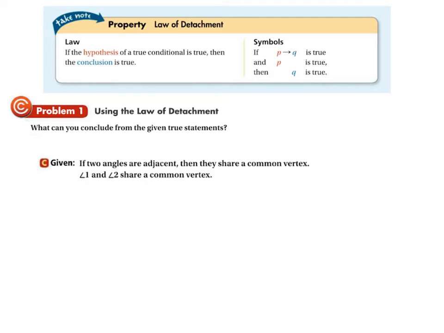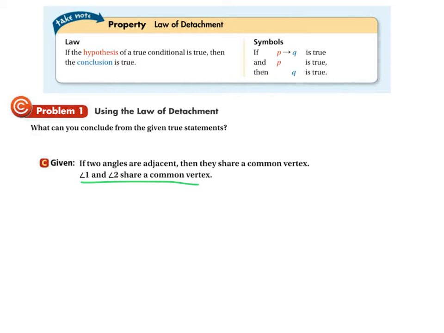So what about this one? What can we conclude from this given statement? If two angles are adjacent, then they share a common vertex. And then we're given the statement that angle 1 and angle 2 share a common vertex. Well, if two angles are adjacent, they share a common vertex, but we were not given the hypothesis.